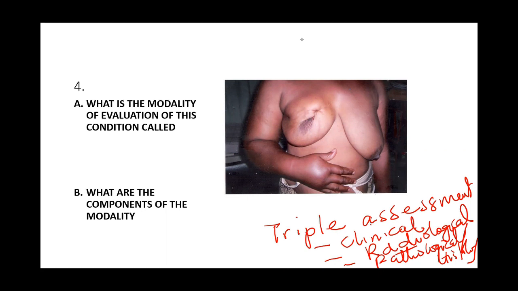Ultrasound scan is done in patients less than 35 years because the breast is dense. It has more fibroglandular tissue, while in more than 35 years, they have more of fatty tissue. And you know, ultrasound scan is less sensitive in assessing fatty tissue. So you do mammography.